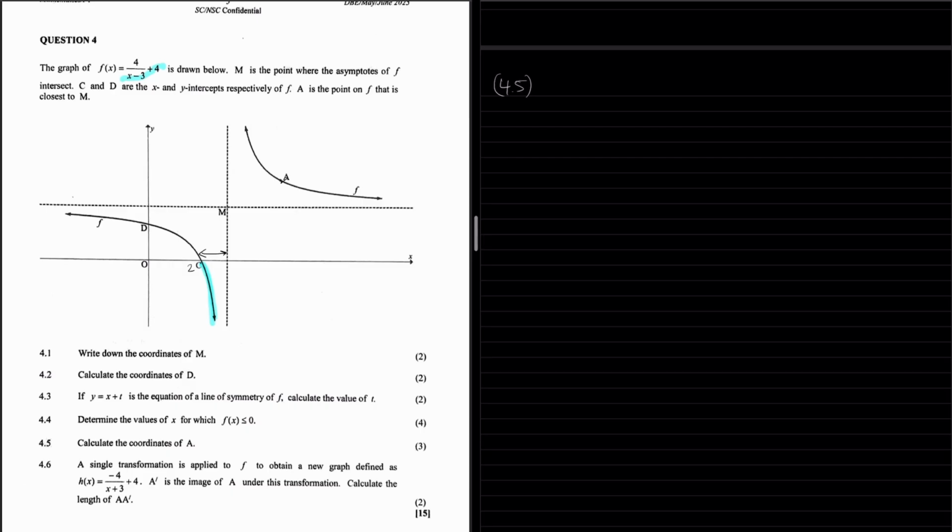We can do that by simply saying 4 over x minus 3 plus 4 is equal to x plus 1. Remember, this line of symmetry is the one that has a positive gradient, and we worked it out in the previous question. So 4 over x minus 3 plus 3 is equal to x. Now I want to get rid of the denominator, so I'll multiply all the terms by x minus 3. So 4 plus 3 into x minus 3 is equal to x into x minus 3.